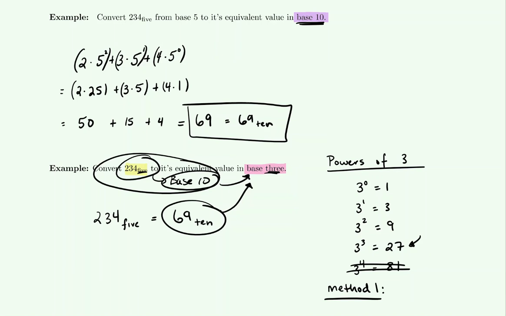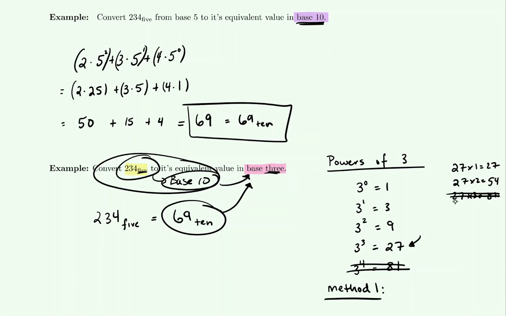So for method 1, the way you do this is you think exactly how many times could I bundle 27 from the 69. So 27 times 1 is 27. 27 times 2 is, and if you do this on your calculator, it will save you time. I'm just drawing it here so you can see. So you keep multiplying 27 by increasing integers until you get past the number you're looking at.